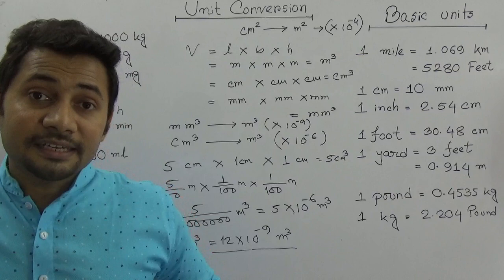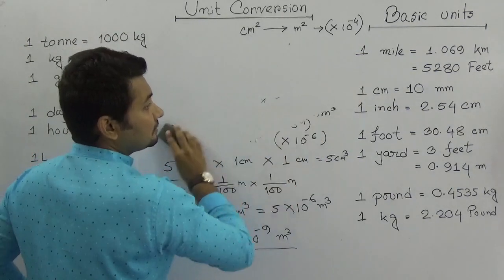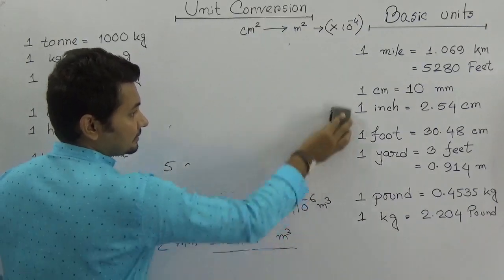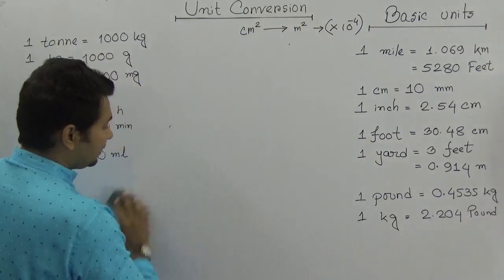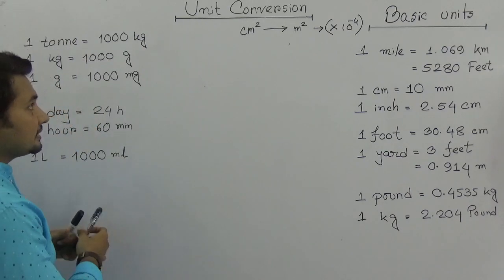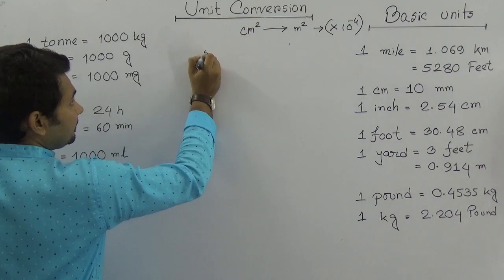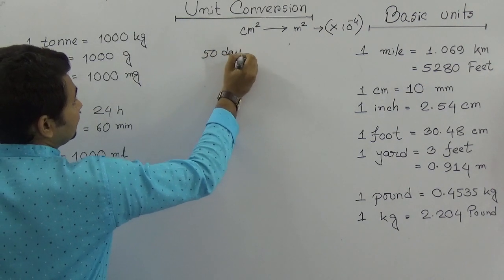Okay, and in another case, when we study about time, the unit of time is second. Whenever we study about time, think about if I ask how many seconds in 50 days.